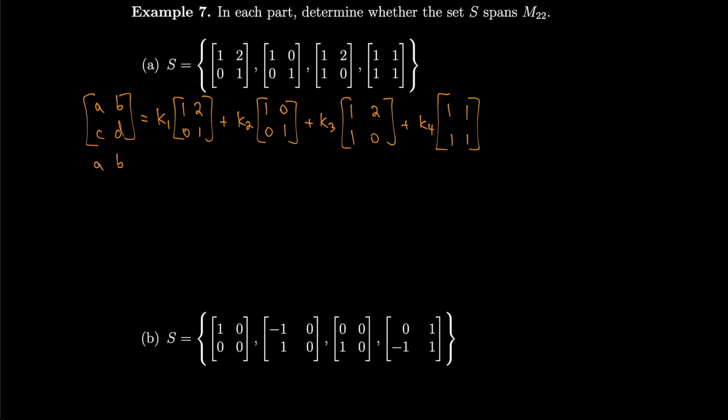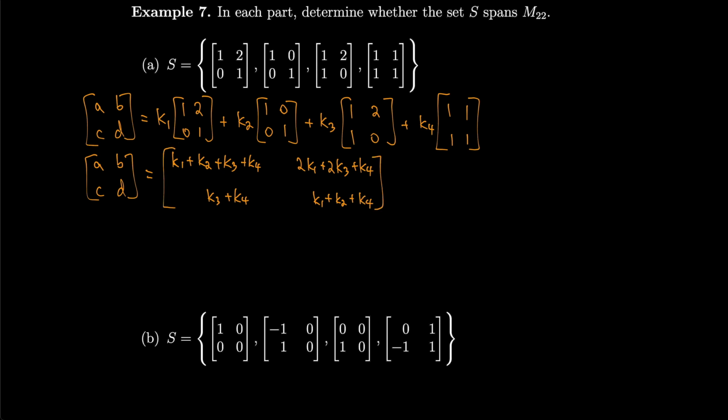So notice this is the same thing as writing A, B, C, D equals, well, I'm going to distribute out the K1s and the K2s, etc., and add up all these matrices, and I'll end up with K1 plus K2 plus K3 plus K4 for my first entry, then K3 plus K4, and 2K1 plus 2K3 plus K4, and K1 plus K2 plus K4.